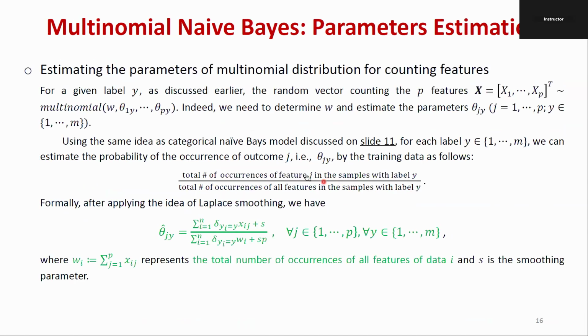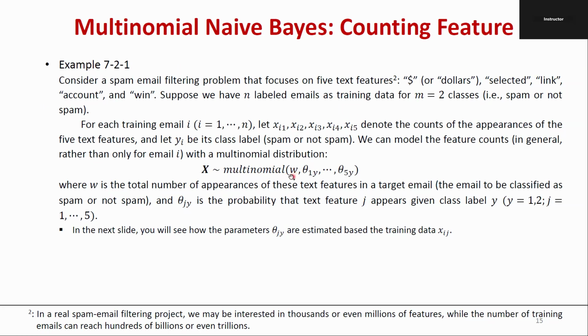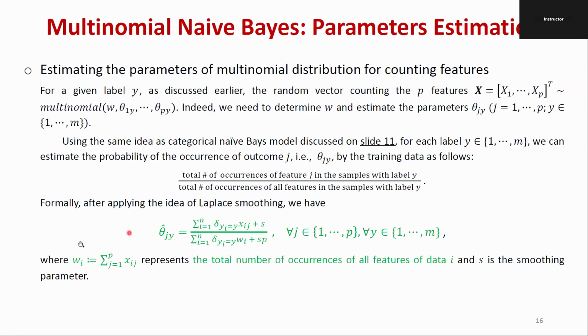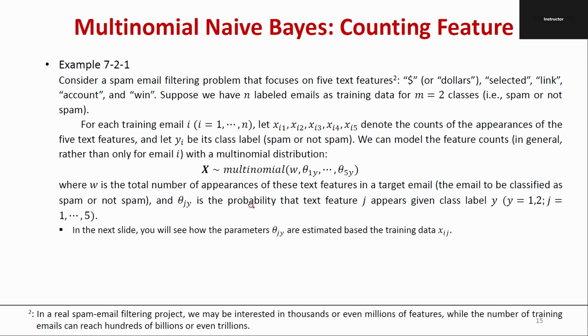So now, everything here is super simple. We can just count, for each email, how many features appear in total. But how do we estimate theta_jy?